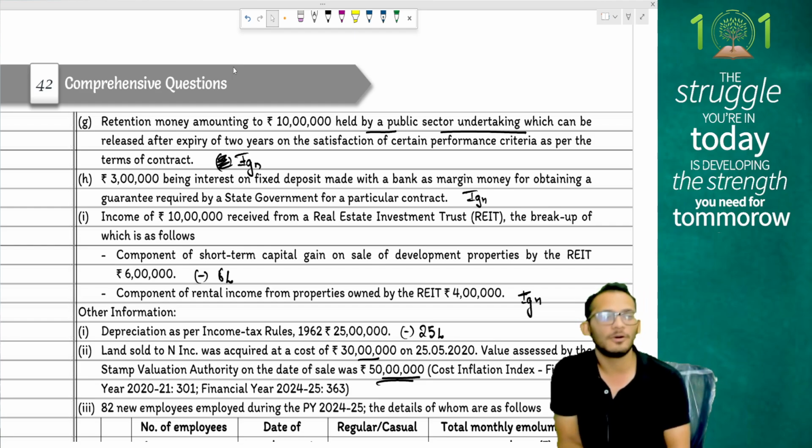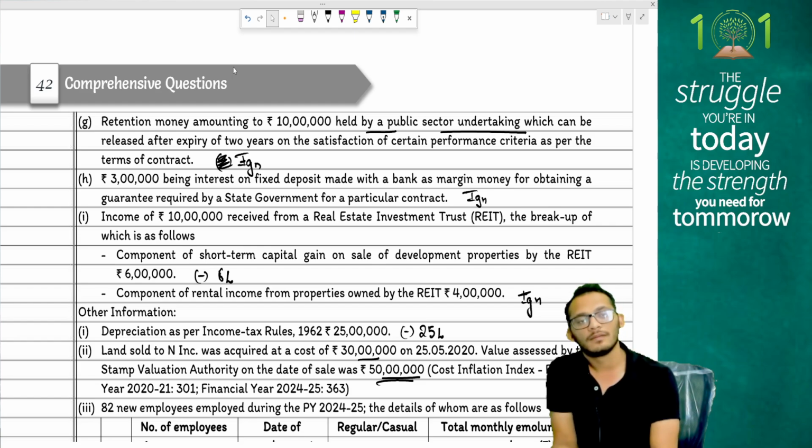As the deposit was made for the satisfaction of a business contract, the interest income arising from the same will continue to be taxable under PGBP.